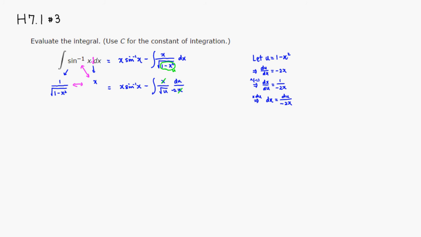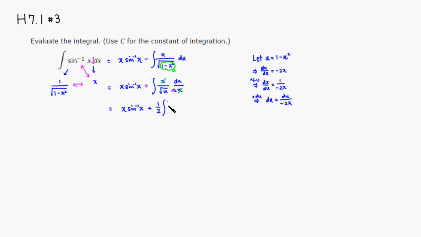Then we can use this negative sign to turn into a positive. So what you get is x arc sine of x plus, I'm going to clean this up a bit, a 1/2, just a number, and the integral.